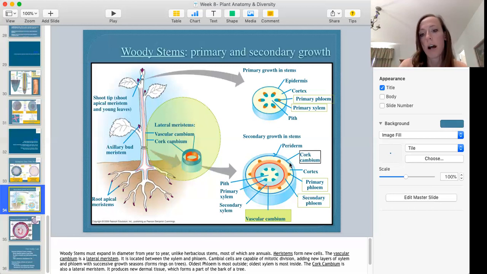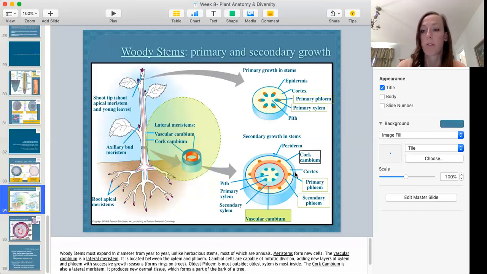And then you've also got, as the trunk expands, you're going to lose some of the tissue on the outsides. The epidermis is not going to be able to expand to the degree that's needed to cover the entire trunk with each year's growth. So there's also a cork cambium here, which adds layers to the epidermis that will then allow for younger epidermal growth.